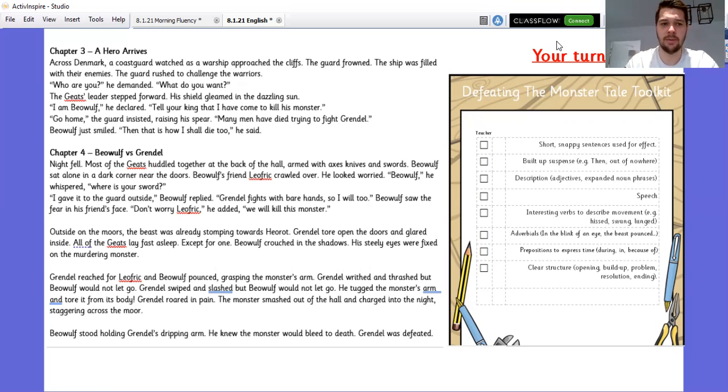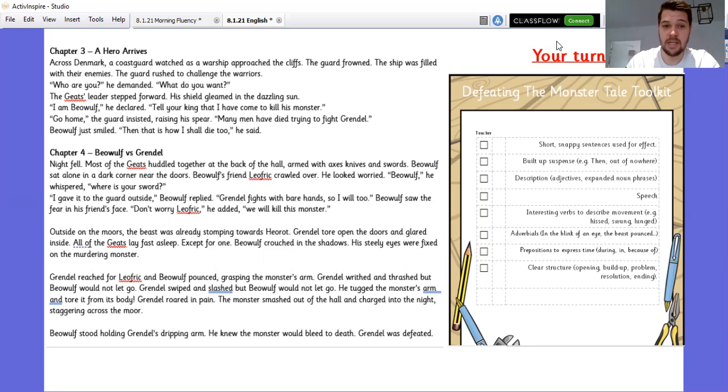"Beowulf," he whispered, "where is your sword?" "I gave it to the guard outside," Beowulf replied. "Grendel fights with bare hands, so I will too." Beowulf saw the fear in his friend's face. "Don't worry, Leofric," he added. "We will kill this monster."